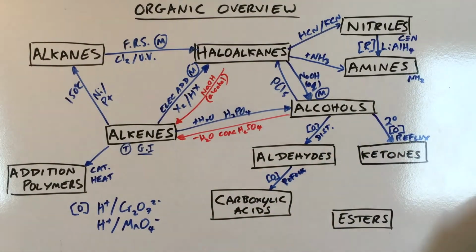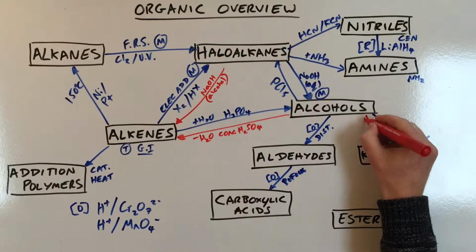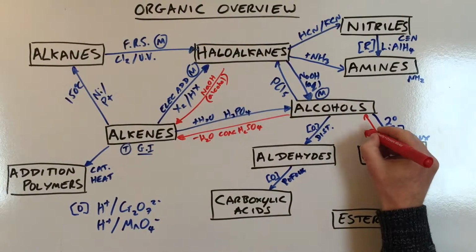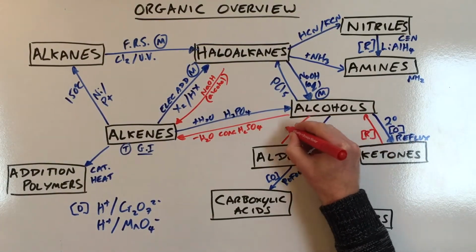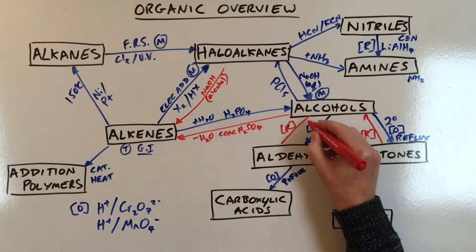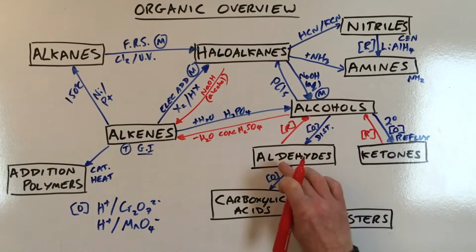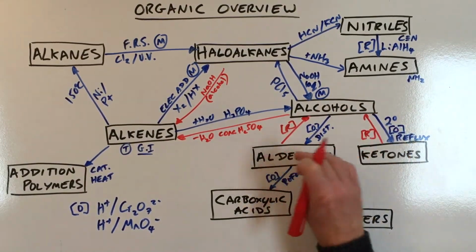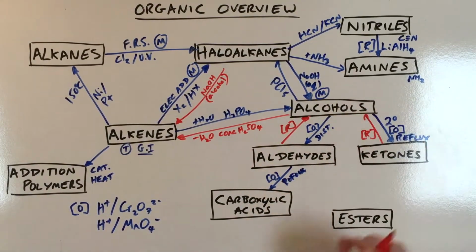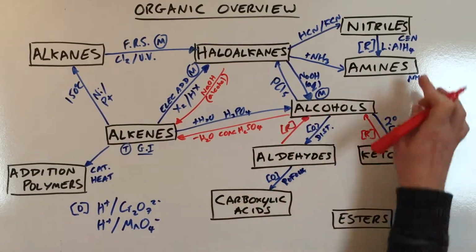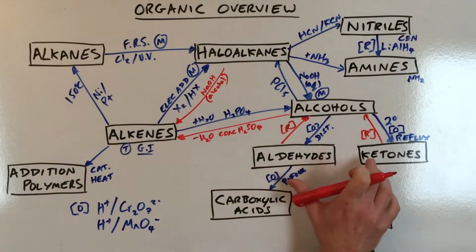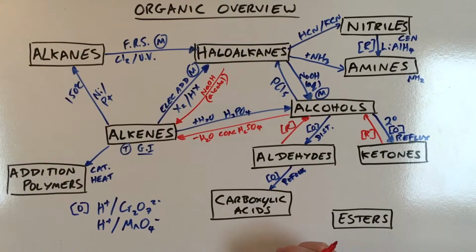Now, in terms of the opposite way, of course, the opposite of oxidation is reduction. So we can go from a ketone or an aldehyde to an alcohol, depending on whether it's a primary or a secondary alcohol. Reduction using LiAlH4 will reduce it back to an alcohol.